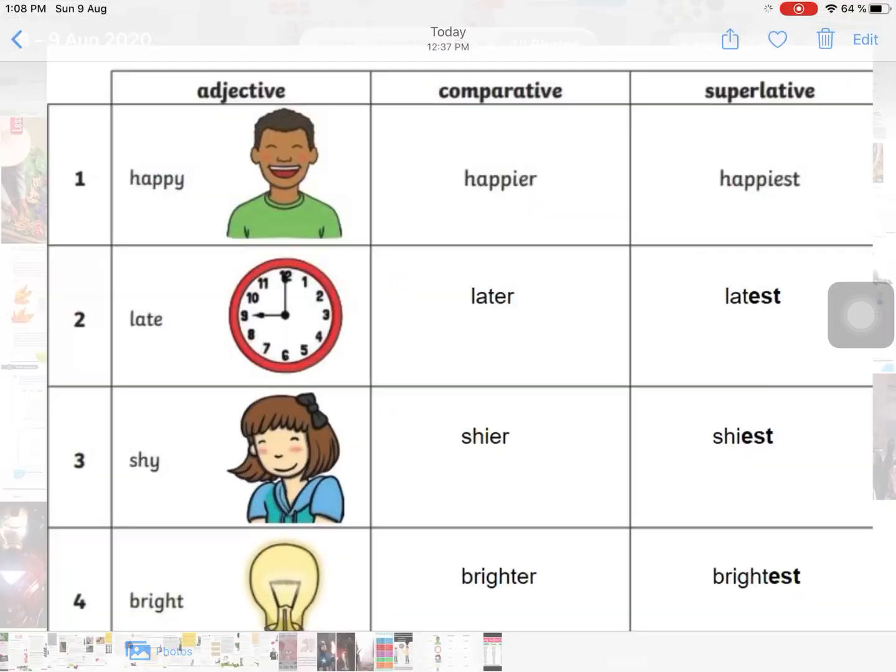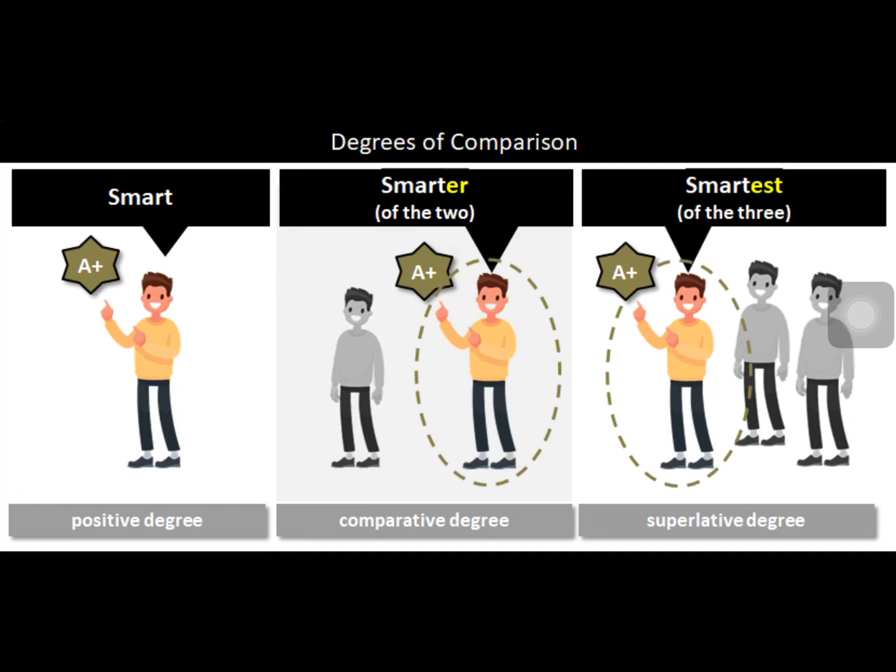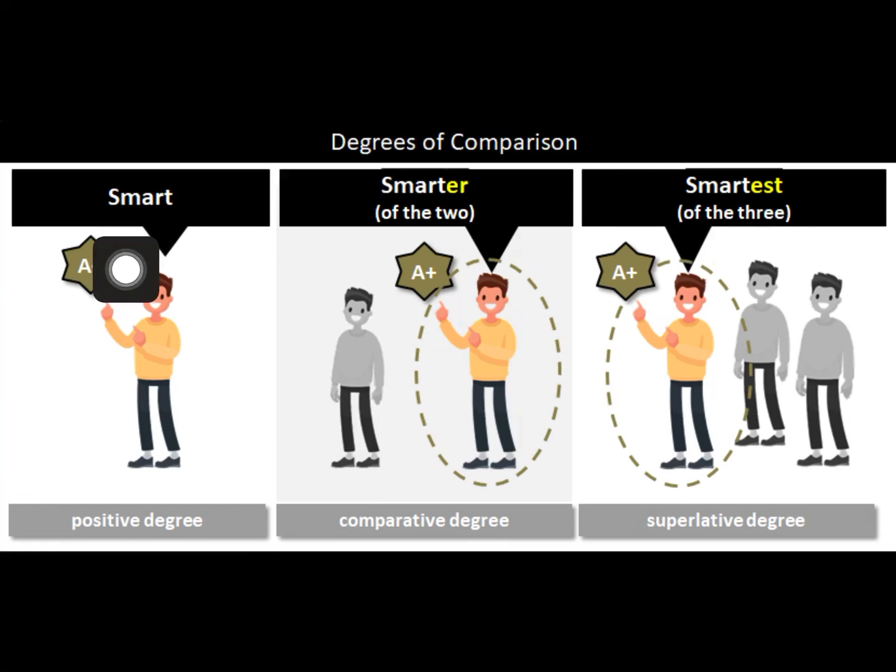Look at this. For example, we have here the degrees of comparison. Smart, as I told you before, is our adjective, yes? The adjective is short, so we can say smarter. That person is smarter than him, because his grades are better than his.